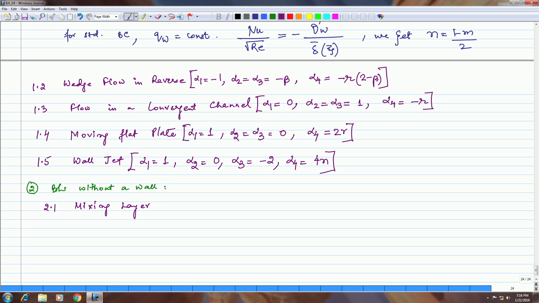Now for the mixing layer here, we've got alpha 1 equal to 1, alpha 2 equal to alpha 3 equal to 0, and alpha 4 equal to 0, with the following boundary conditions.